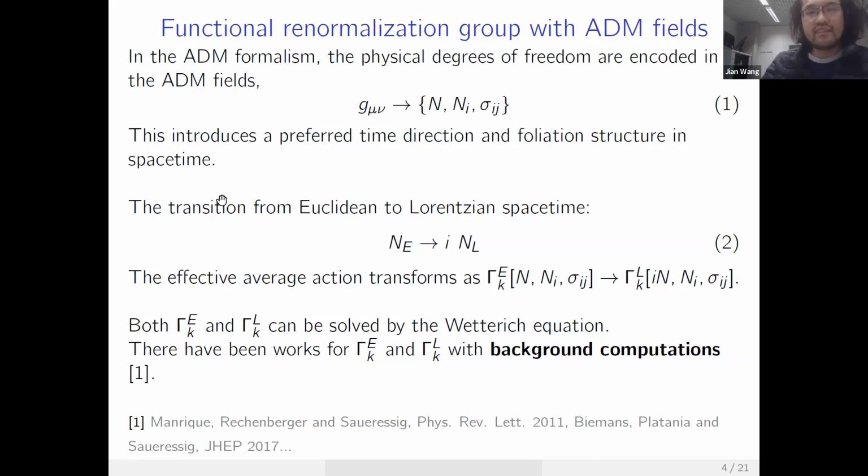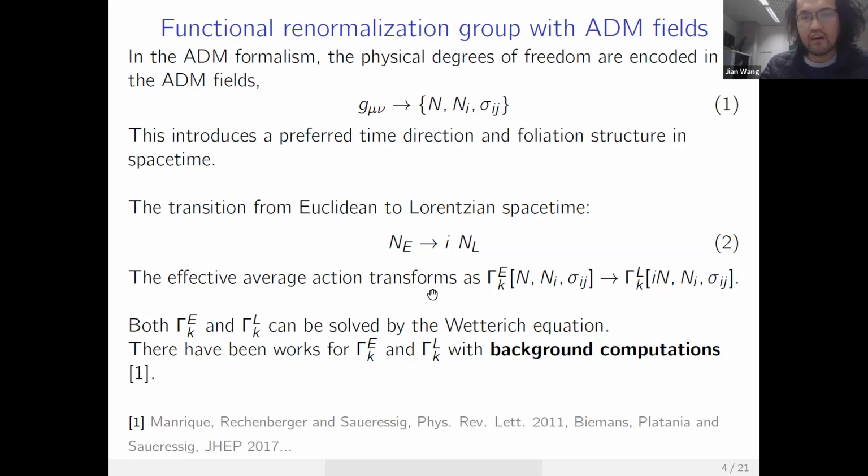So in this ADM setup, the transition from Euclidean to Lorentzian spacetime can be easily done by the transformation of the lapse function. If we do this transformation, then the spacetime will become one with the Lorentzian signature.